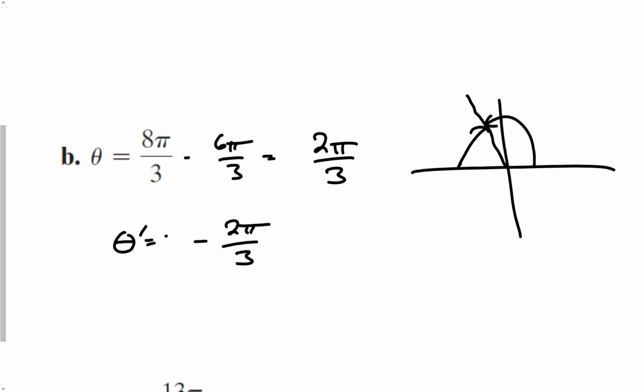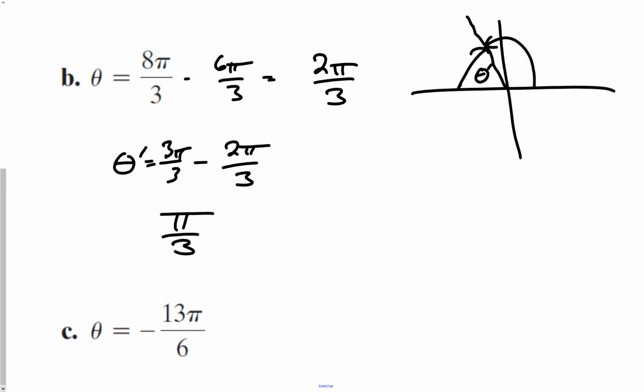Change pi to 3 pi over 3, and we get my reference angle is pi over 3. A positive angle between 0 and 90 degrees, that is the distance from the x-axis to my terminal side of my angle.